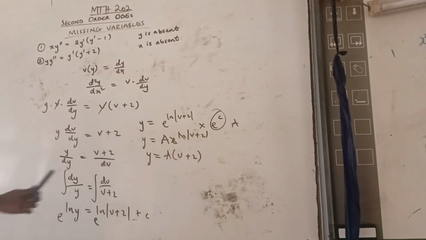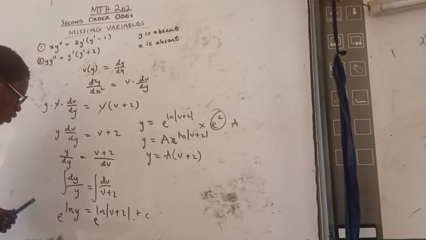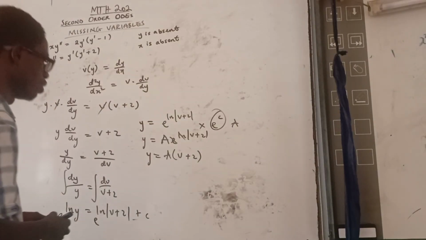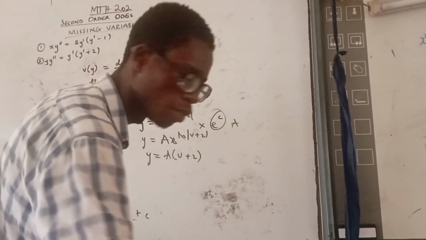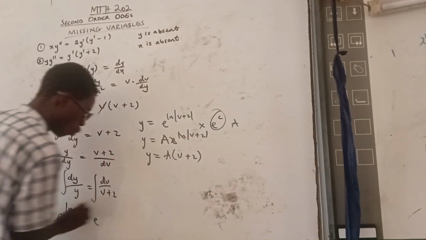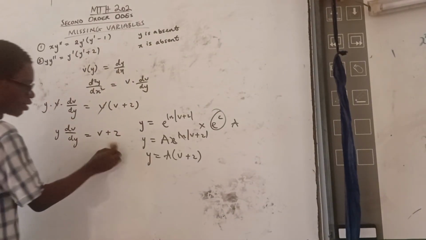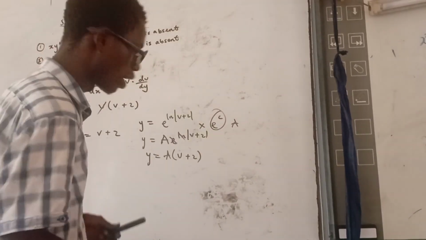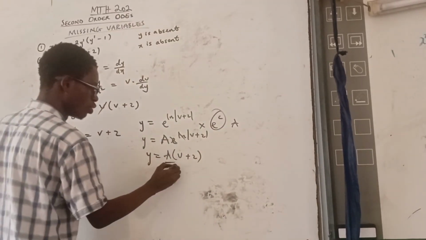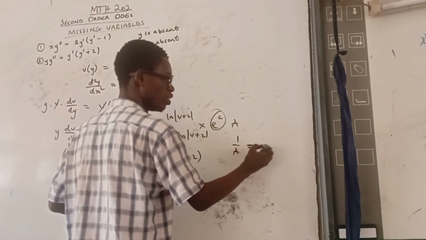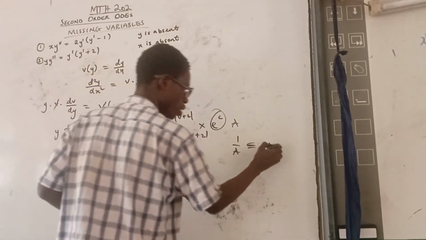So this is my y equals to this. But we are looking for y in terms of x, not v. So I can write this as dividing both sides by a. Don't forget, 1 over a is an arbitrary constant, so it's equivalent to a.